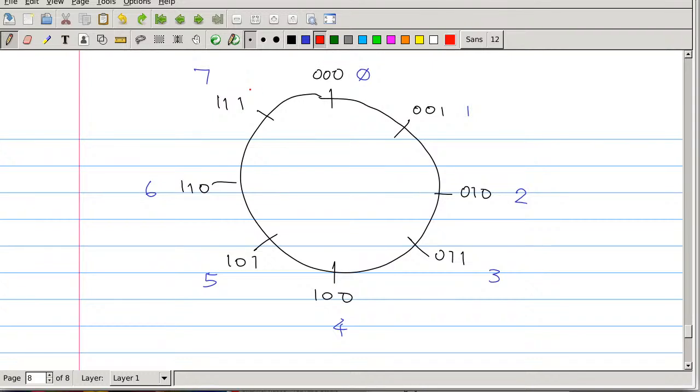So negative 1 should go there, because if I start with 0 and subtract 1 from 0, I have to rotate the pointer counterclockwise 1 slot. That ends up pointing over here. So it seems to make sense to use the binary bit pattern 111 to represent the value of negative 1.